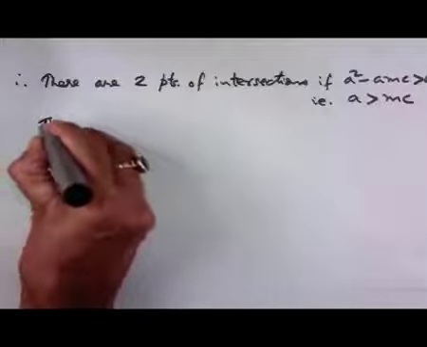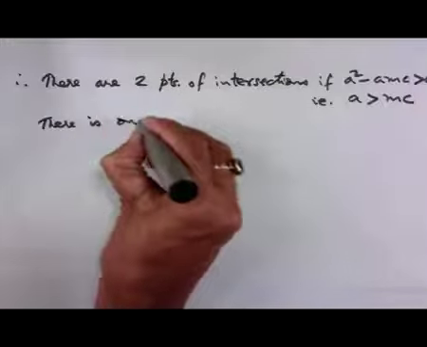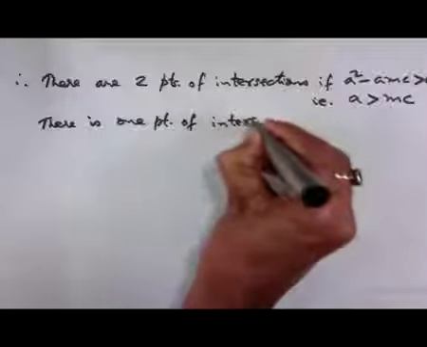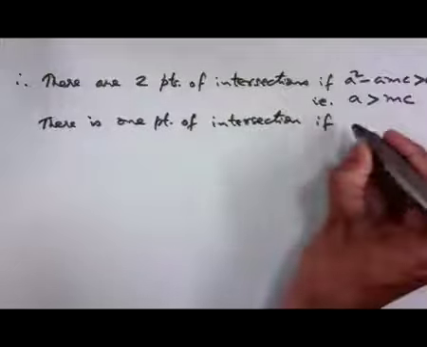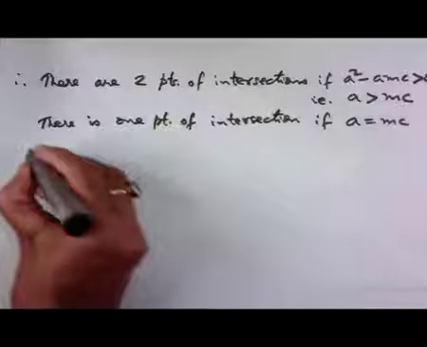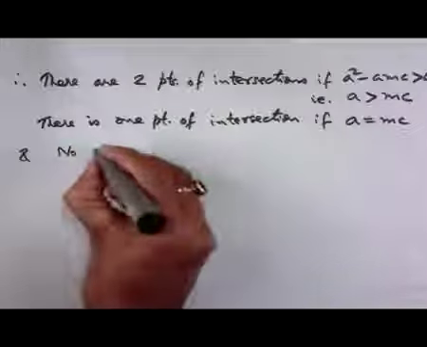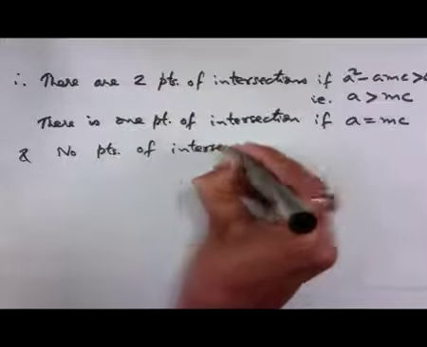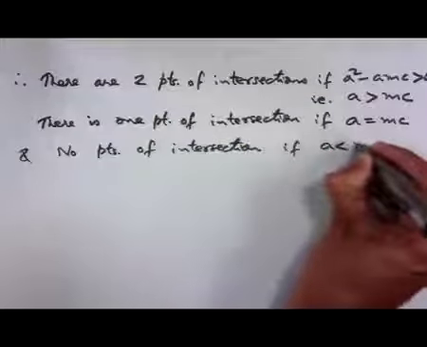There is one point of intersection if the discriminant is equal to 0, that means a equal to m c, and no points of intersection if a is less than m c.